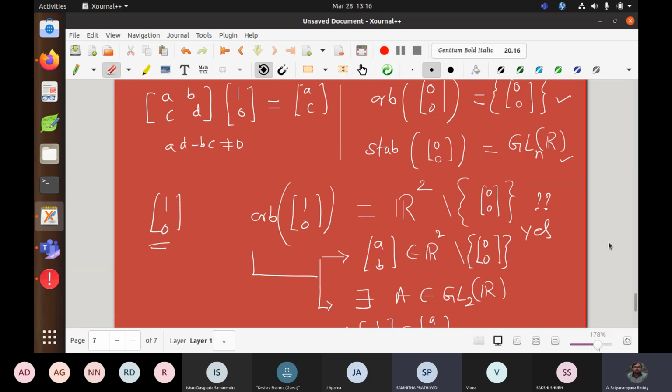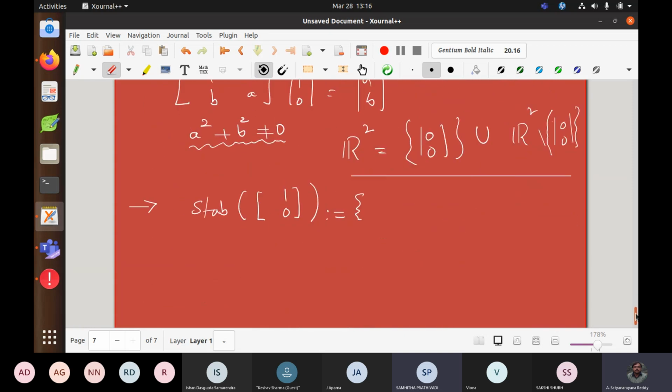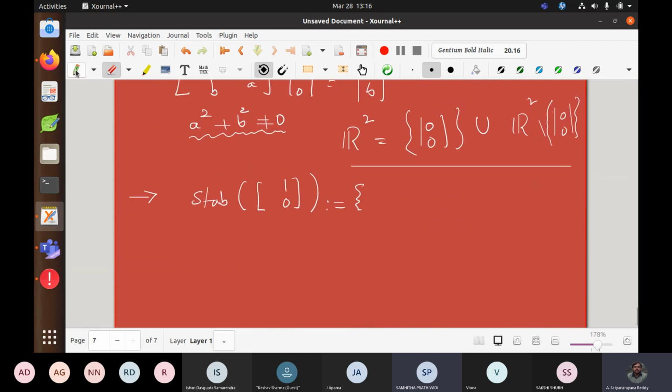Now I asked, whatever I asked, I told, but again you repeat it in the form of a set. The set of all those matrices A, not just 2 cross 2 matrices, much more.